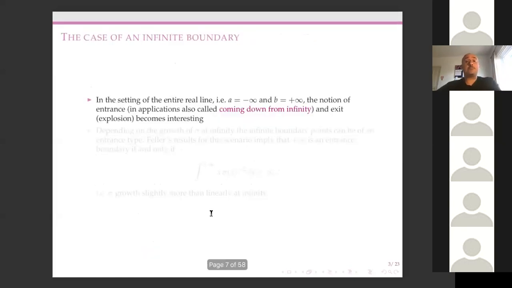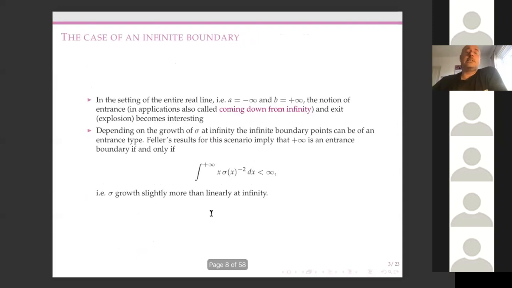The interesting cases, though not necessarily the only ones, are when A is minus infinity and B is plus infinity. What we're interested in is entrance at these boundary points.